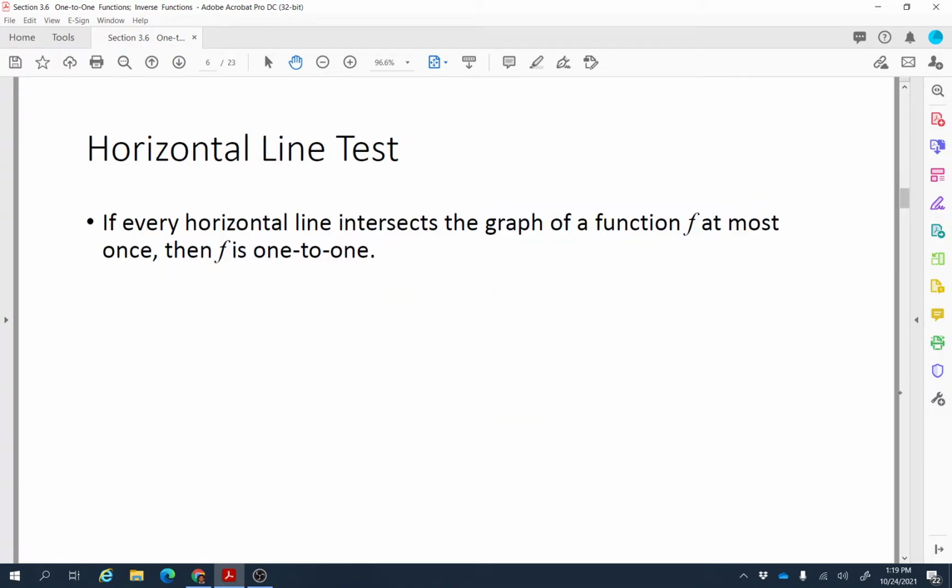If you have a graph of a function, then to find out whether that graph represents a one-to-one function or not, we have the horizontal line test. This test says if every horizontal line intersects the graph of a function at most once, then f is one-to-one.